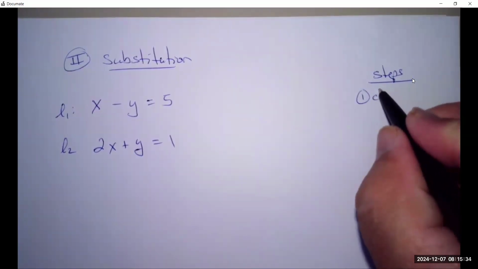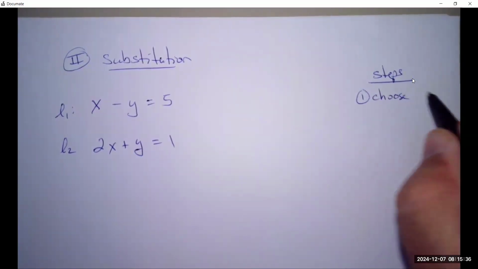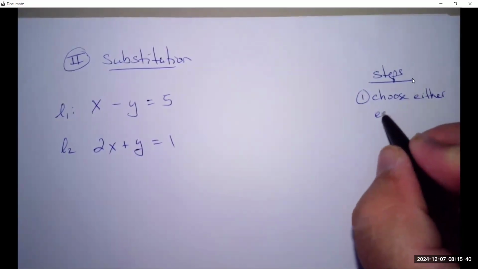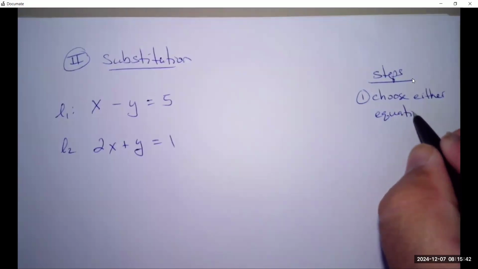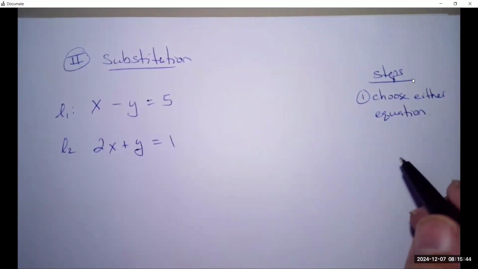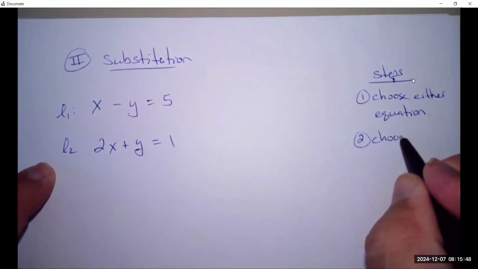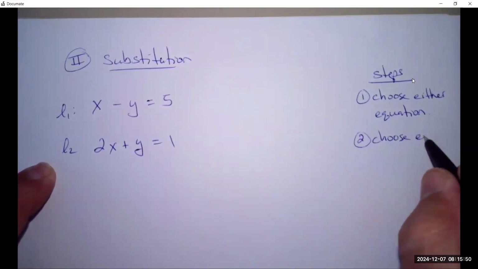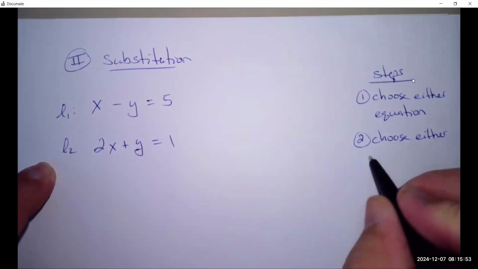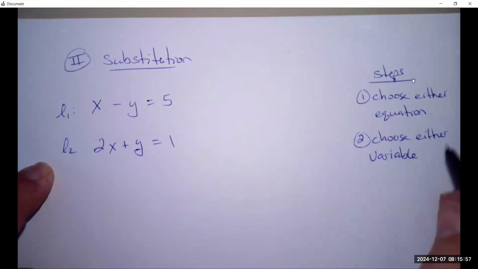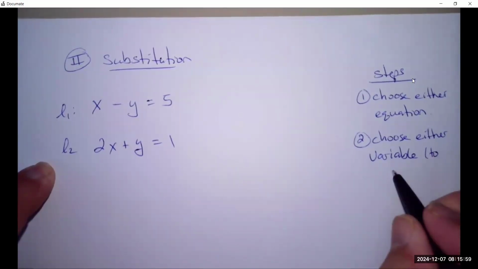First step: choose either equation, L1 or L2. Choose either variable to solve for.